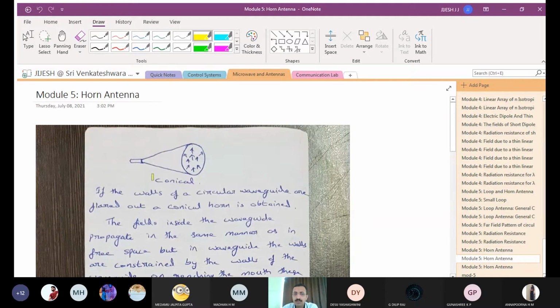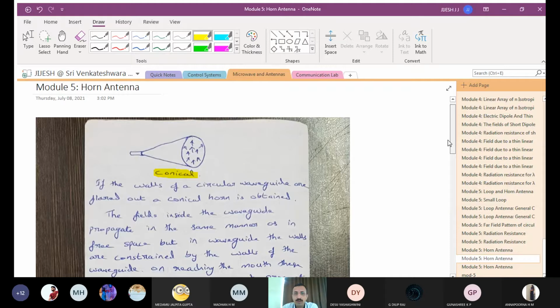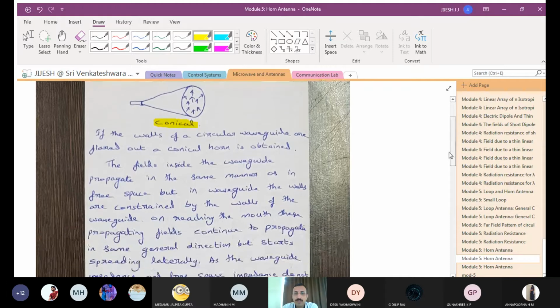So this is another type of horn antenna. You can call it a conical horn antenna. In exams, we can ask you what the different types of horn antennas are, with an explanation. The shape of the antenna is somewhat like a cone, so it is called a conical horn antenna.